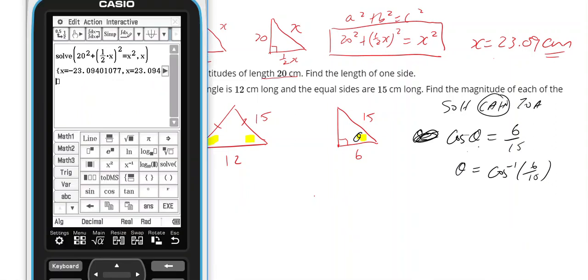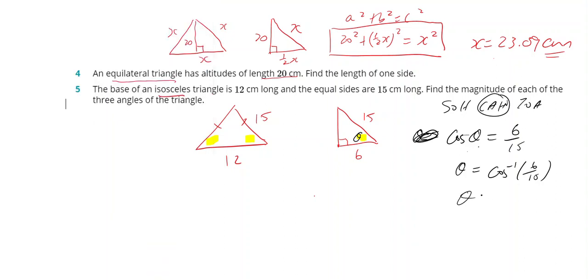Make sure we're in degree mode, otherwise that will give you a wrong answer. So trigonometry, inverse cos 6 divided by 15. So theta equals 66.42 degrees.